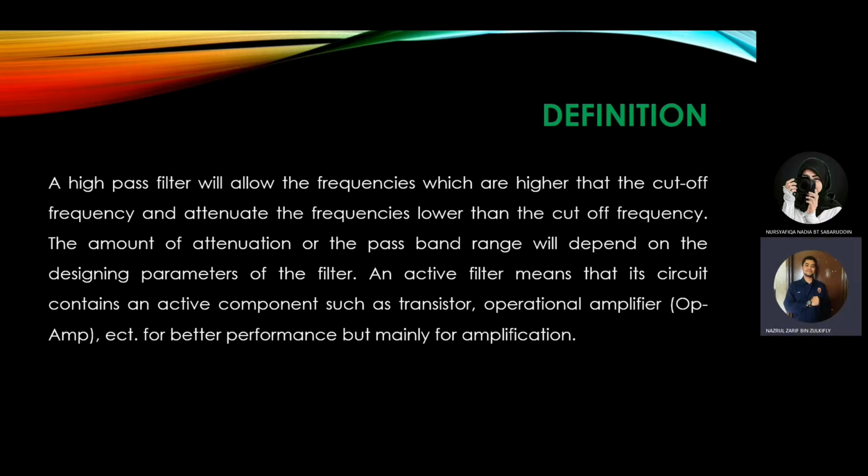The amount of attenuation or the passband range will depend on the designing parameters of the filter. An active filter means that its circuit contains an active component such as transistor, operational amplifier, and etc. for better performance, but mainly for amplification.